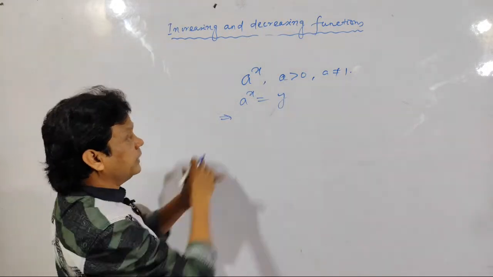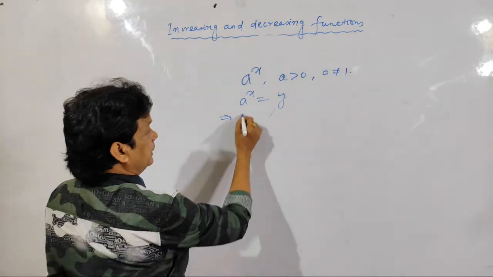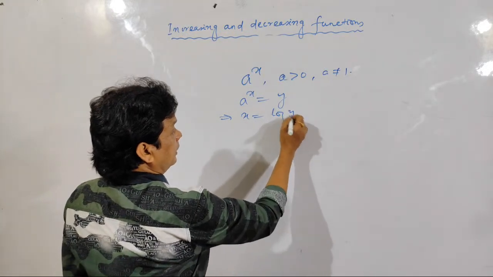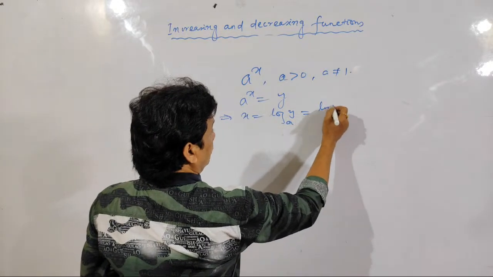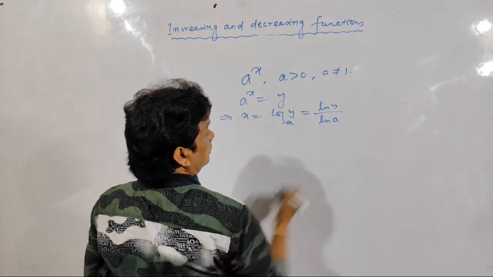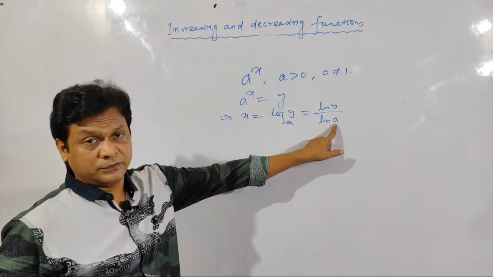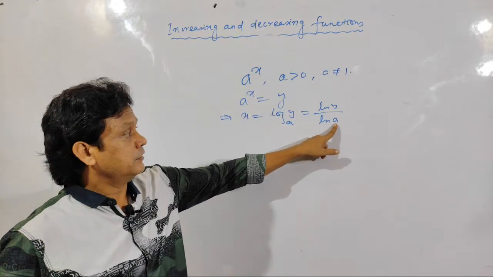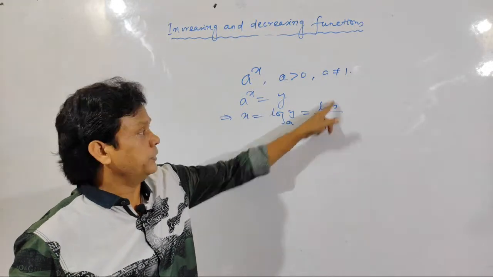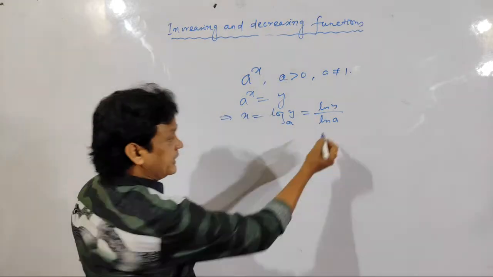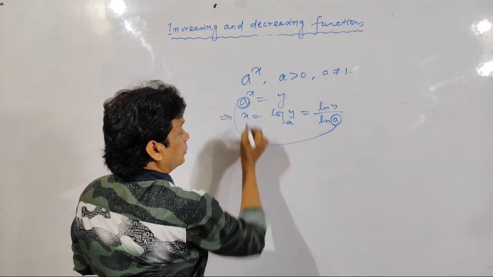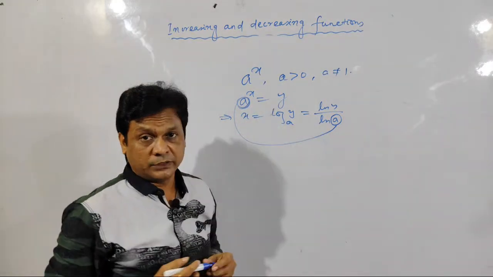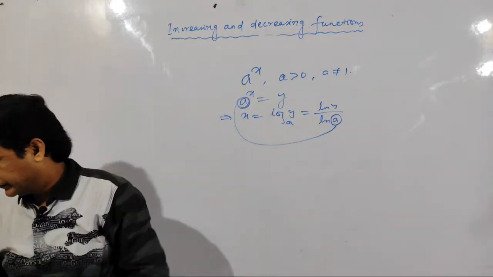Then if I convert it to a logarithmic function, x is equal to log y to the base a, which is equal to ln y by ln a. If a is equal to 1, then ln 1 will be 0, and something by 0 is undefined. So a cannot be equal to 1. Clear? Now tell me.